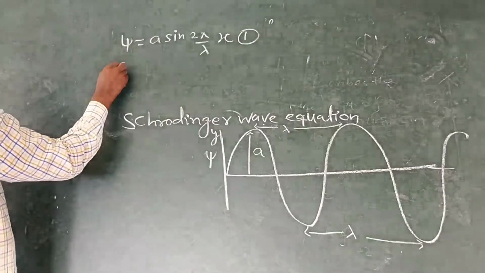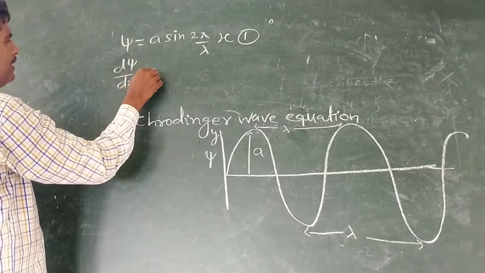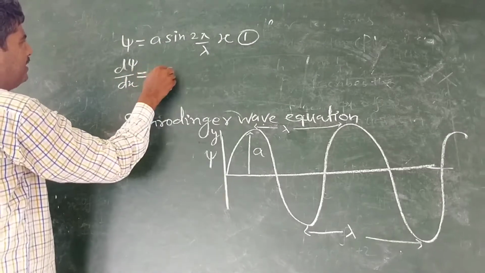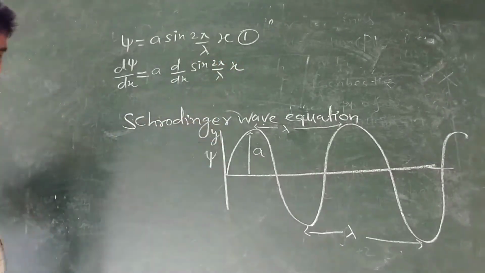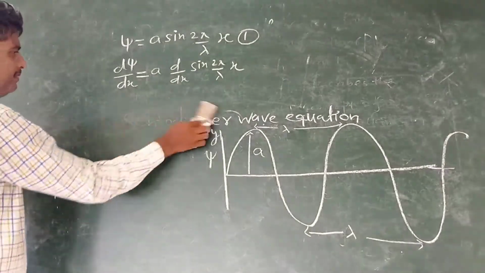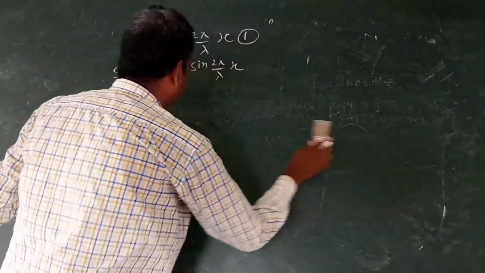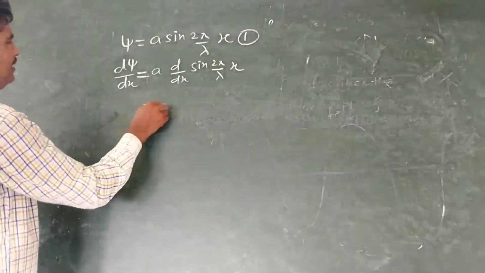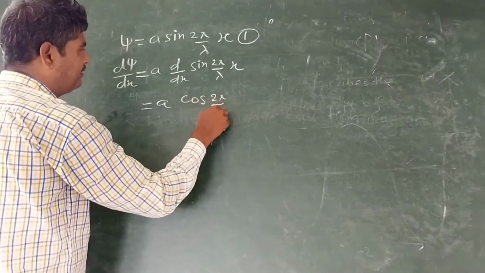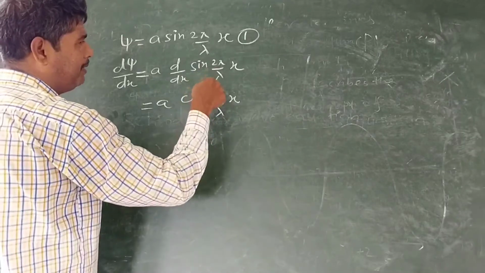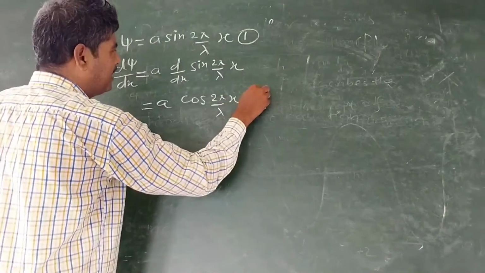Differentiating the above equation with respect to x, d psi upon dx is equal to a d upon dx sine 2 pi by lambda into x, where a is constant. The differentiation of sine is cos, and differentiation of the angle 2 pi by lambda into x gives 2 pi by lambda.